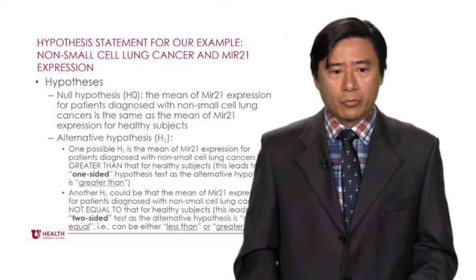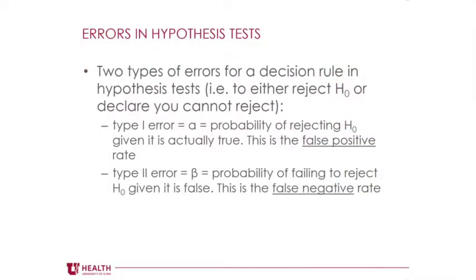should be elevated or reduced. Here are two types of errors in hypothesis tests, and these errors can be used for setting the statistical test level, or alpha level, or later on we'll talk about power. The first type of error is called type 1 error, and usually we use alpha to denote that.